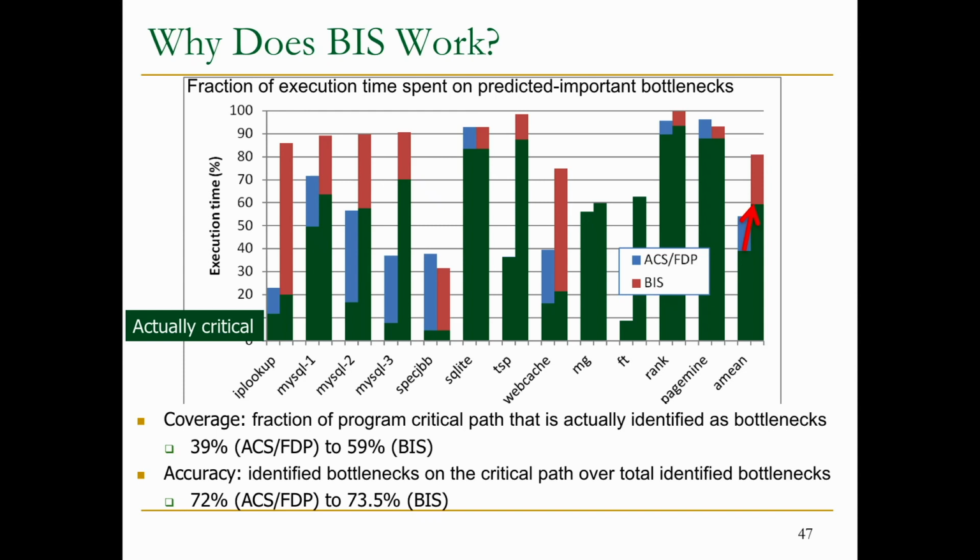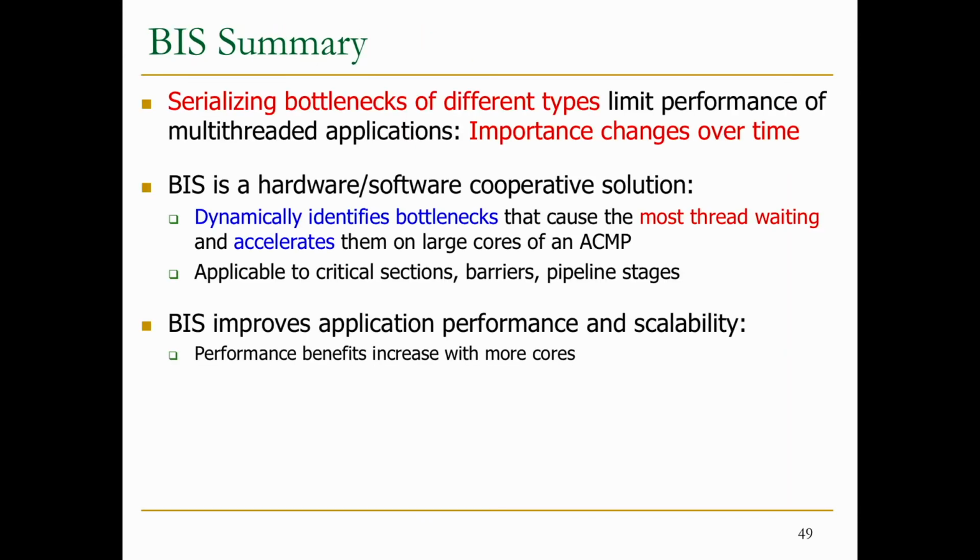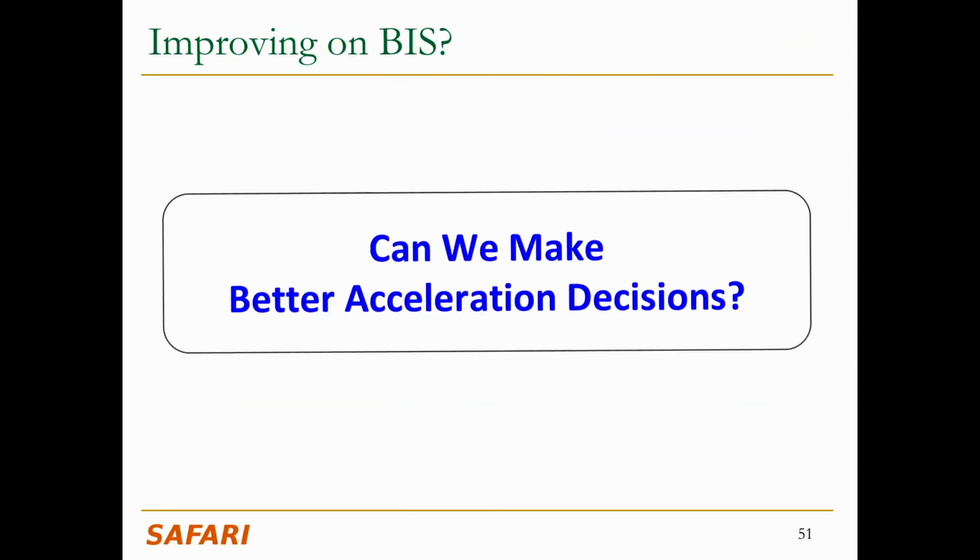This picture theoretically or in practice shows what fraction of the program you're covering and how much of that is really accurate. So the next question, of course, is, can we really make better acceleration decisions? For example, if we somehow figure out that shipping this limiter code that we know is on the critical path is not going to improve performance in the large core, we should not do that, right?